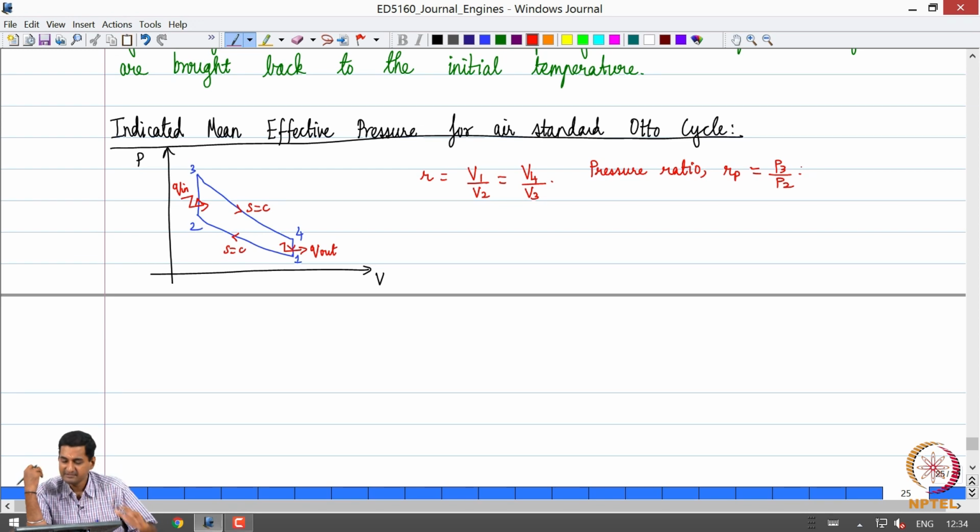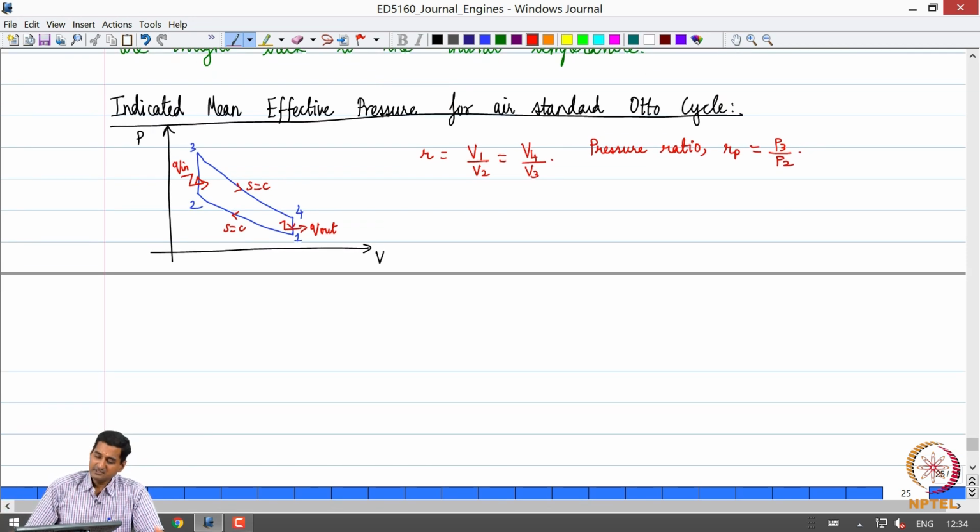Okay. So, these are parameters that we already are aware of. So, now let us calculate or evaluate the net work output from the Otto cycle.